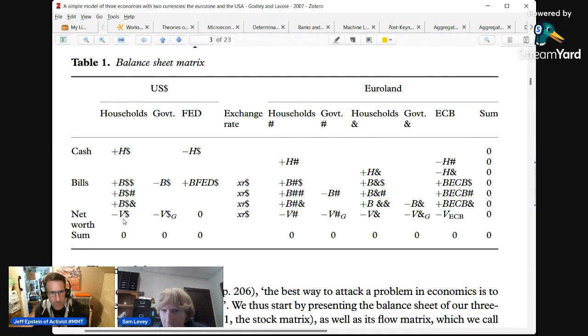Yeah. All right. We were doing the bills before, and we kind of said there's one minus sign in each row. That's the issuer of that instrument. And then there's a whole bunch of plus signs depending on who's holding it. So there's 3 different kinds of bills, one from each of the governments in the model. And then the last row here, or second to last row, I guess.